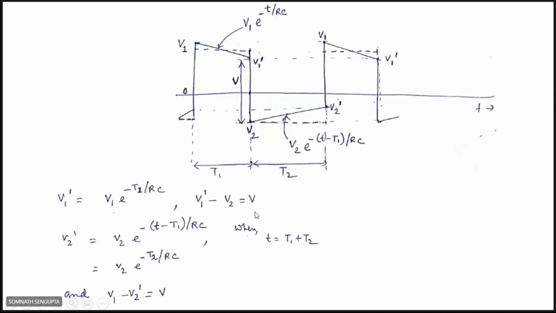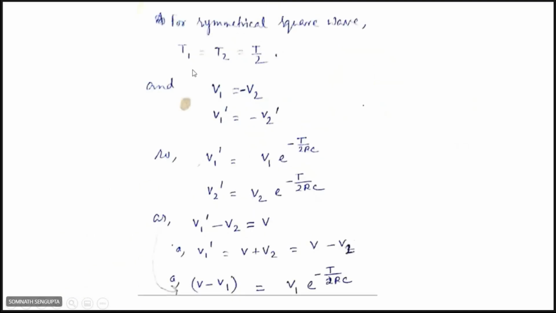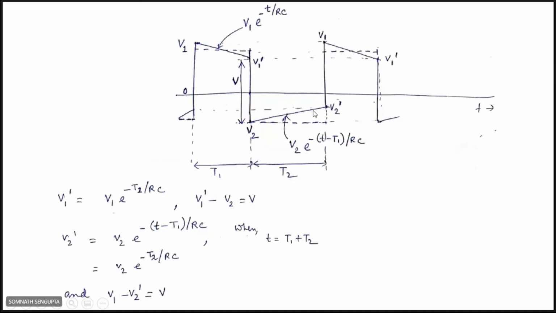Now we consider one symmetrical square wave case, where the voltage levels in the positive and negative sides are the same. On the positive side it is plus V, and on the negative side it is minus V, and also the duty cycle is 50%.